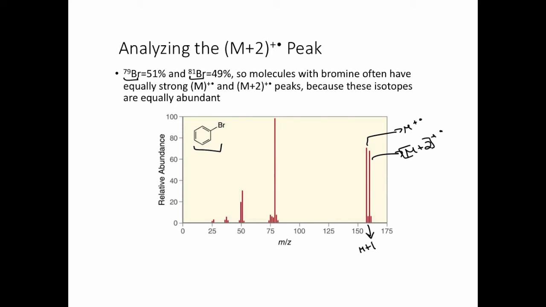And then the M+2 peak would be bromobenzene where the bromine is bromine-81, all the carbons are carbon-12, and then this M+3 peak here is with the bromine-81 isotope and one of the carbons being a carbon-13. So if you just want to check my math, you can add up all of the atoms individually and verify that they do equal the masses shown.